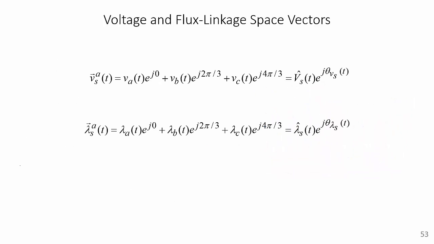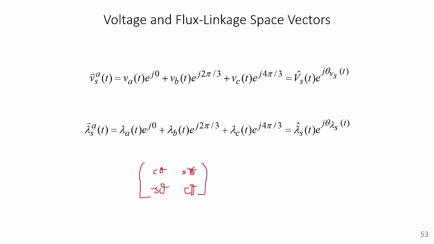So the space vector equations are presented in the slide. This is merely a rotational transformation expressed in Euler form to keep it concise. In case of a 2D rotational transformation, it would involve cos theta, sin theta, and negative sin theta, and cos theta.